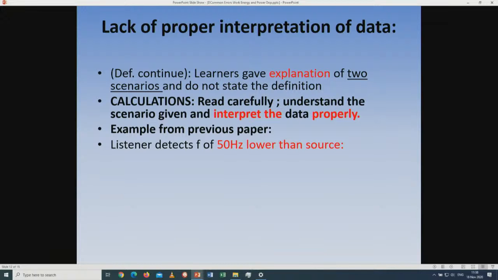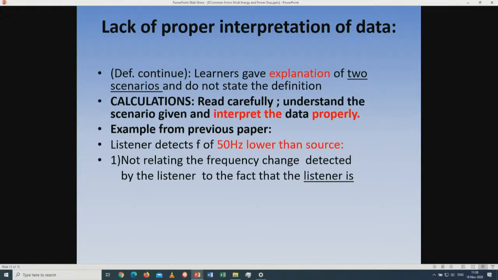Right, just an example from a previous paper, I think it is the final exam of 2018, if I'm correct, where the learners don't interpret the data correctly. It was given that the listener detects a frequency of 50 Hertz lower than the source. You must relate this to the fact that the listener is moving away from the source, the fact that the frequency he detects is 50 hertz lower, and learners haven't seen that.